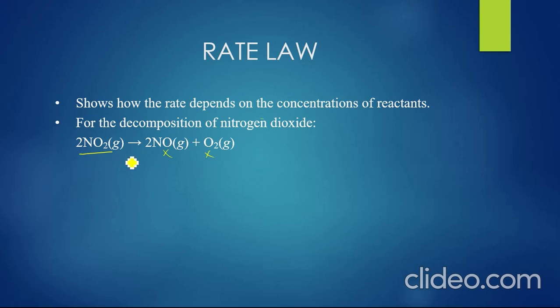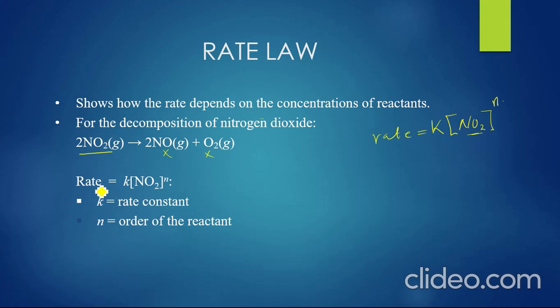So rate is equal to, just after the equal sign, you write the constant k, and then you write the reactant we have, which is nitrogen dioxide, and raise it to power n, where n is the order of the reactant, and k is the rate constant. This is how you come up with the rate law for this equation.